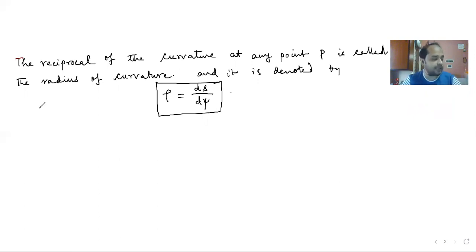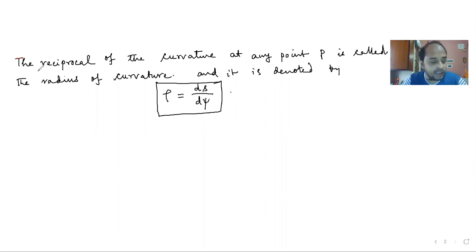You can skip all these formulas for radius of curvature for your current scenario. We are not dealing with radius of curvature, we actually deal with center of curvature. So we shall jump on to center of curvature, because our job is to study evolute and involute.